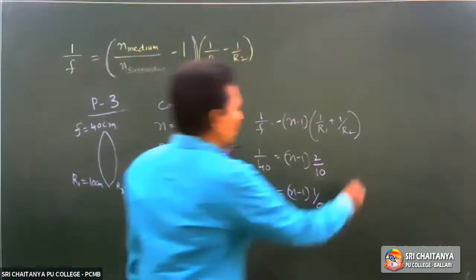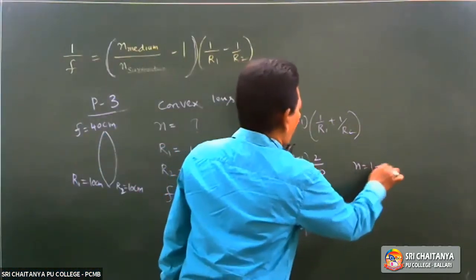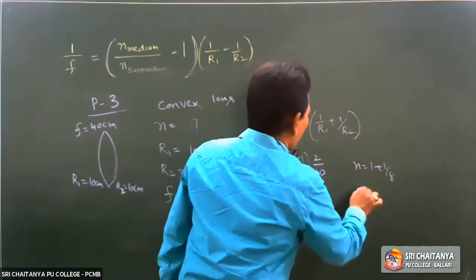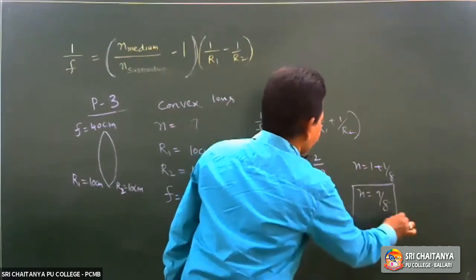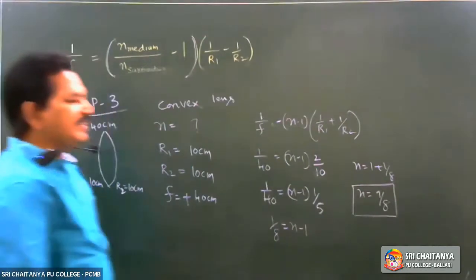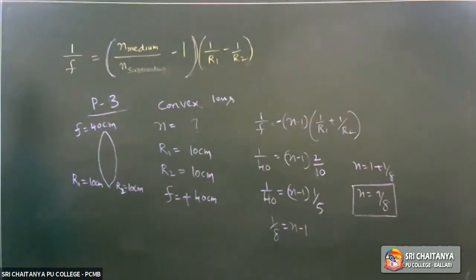Minus 1 comes to this side: n is equal to 1 plus 1 by 8, which is 9 by 8. This is the refractive index of the material of the lens.